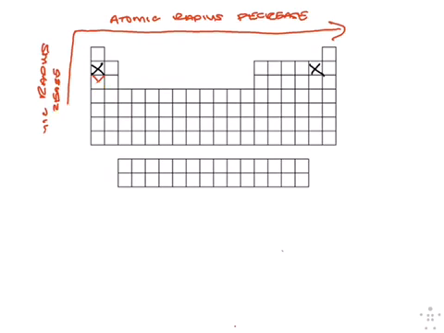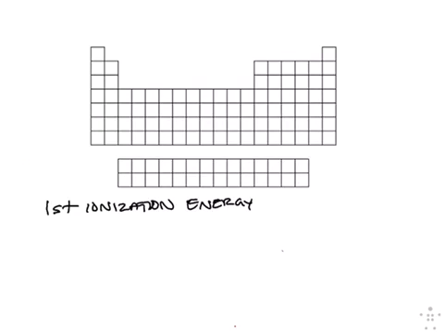Let's erase all this. So ionization energy is a very important trend. One thing you want to not get confused by is if it says first ionization energy versus saying another number in front of it, like third ionization energy.